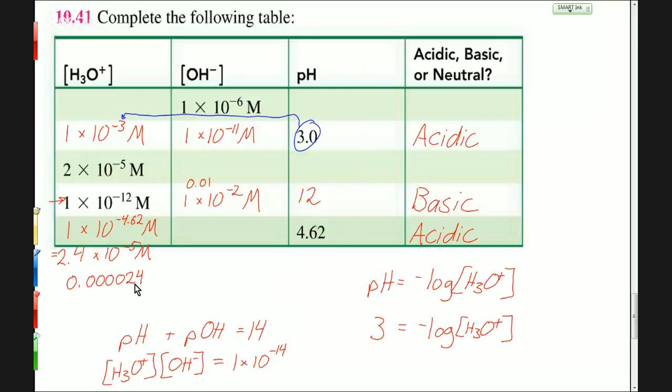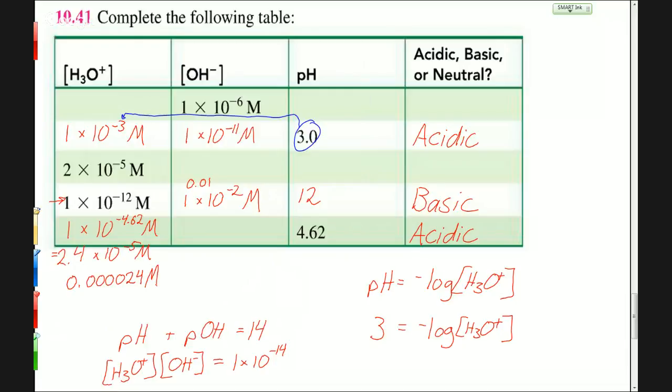So they are the same. And that's okay. On an exam, you never have to use one or the other, scientific notation or decimal notation. You can use whatever you want. Those are just different ways of saying the same number.